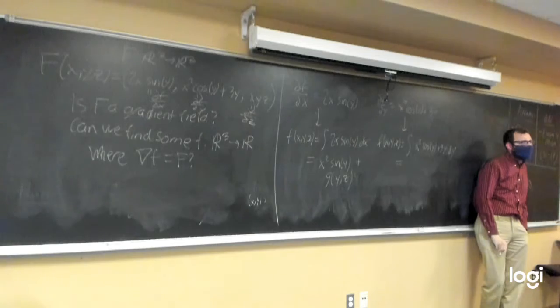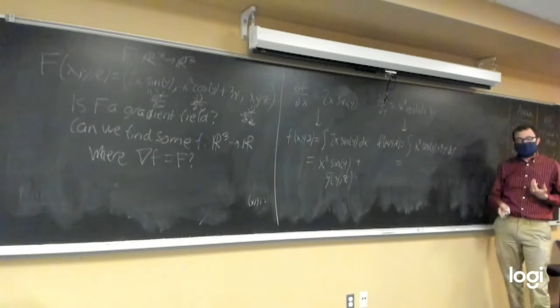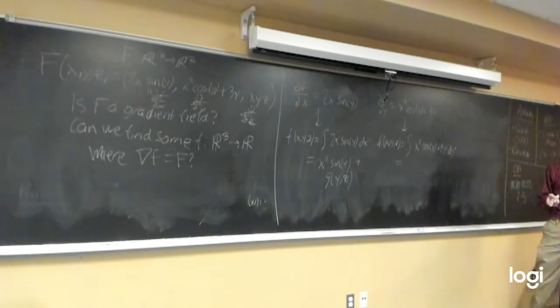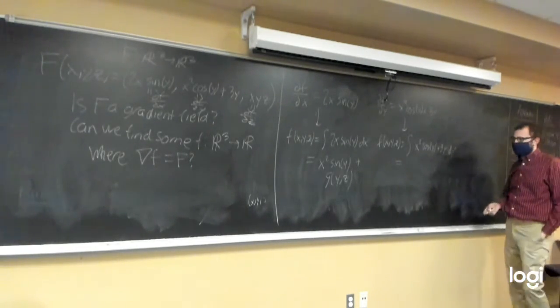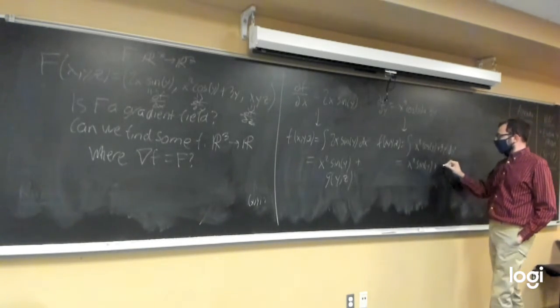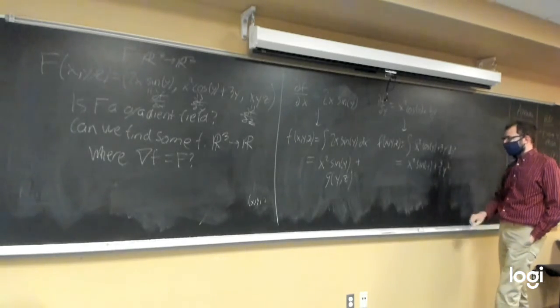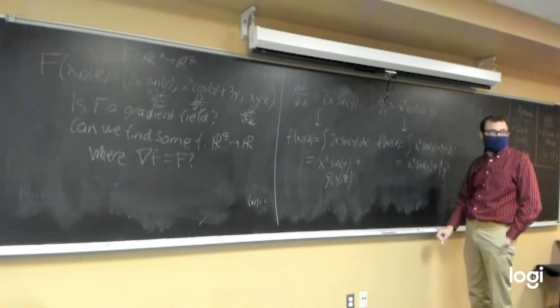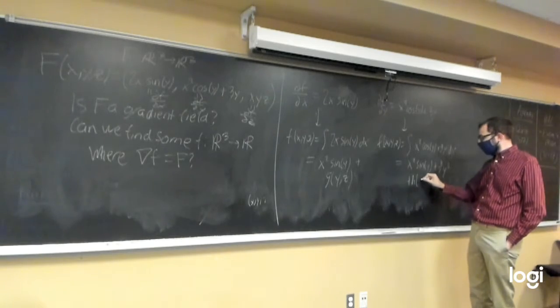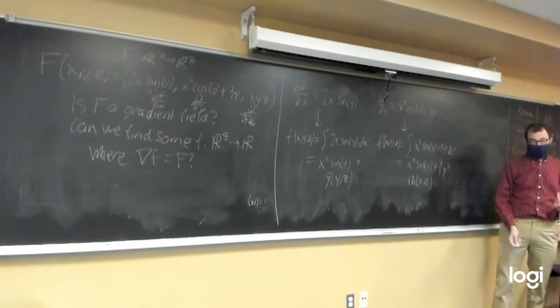And what would an arbitrary antiderivative of x squared cosine y plus 3y taken with respect to y look like? X squared sine y plus 3 halves y squared plus, let's say h, h of x and z. I like it. Yeah, nice job.